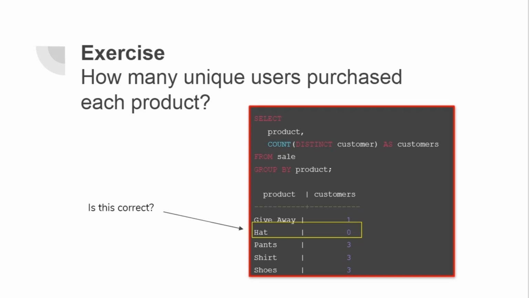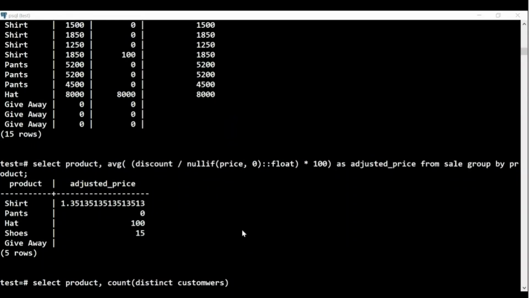Some of you may have written this query. Let's take a look. For each product, we want to count how many distinct customers purchased every product, right?